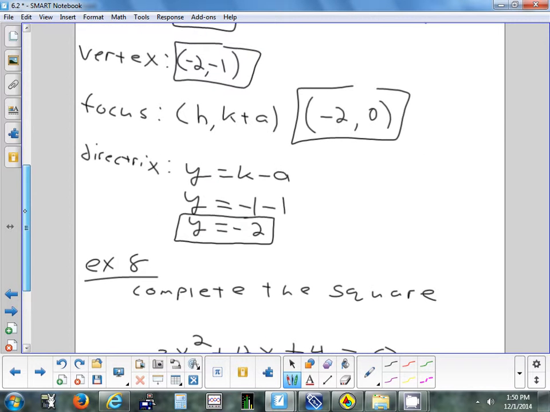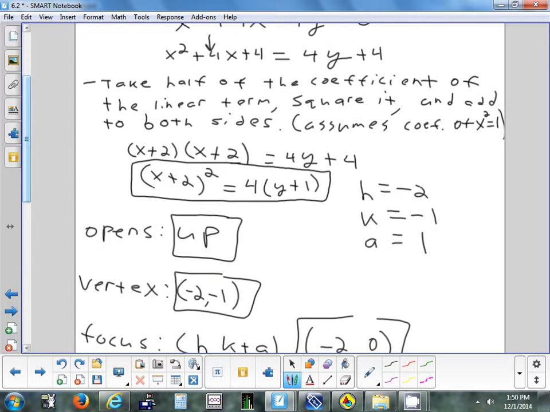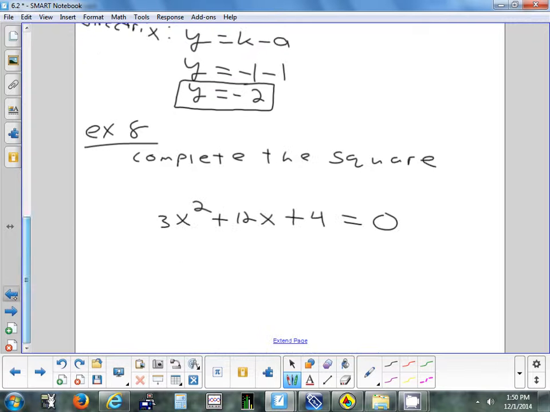Remember last time, the first thing I said to do was move that 4y to the other side. Anything that doesn't have your variable that's being squared, put that on the other side. So in this case, that's my 4. Everything else has an x.